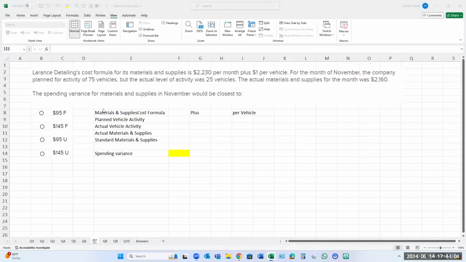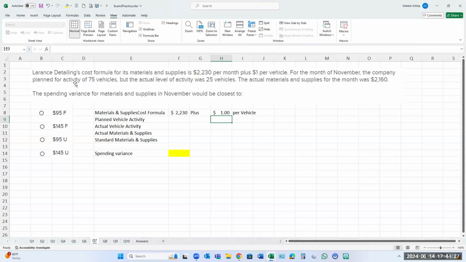Question 7. Lawrence's cost formula for its materials and supplies is $2,230 per month, so that's their fixed cost, plus $1 per vehicle for the month of November.